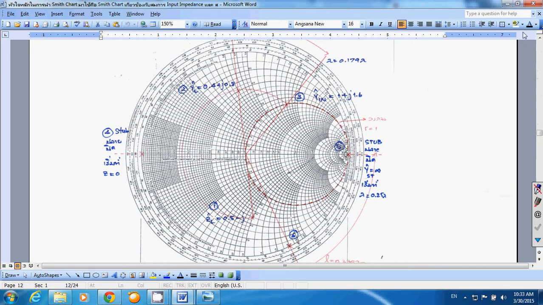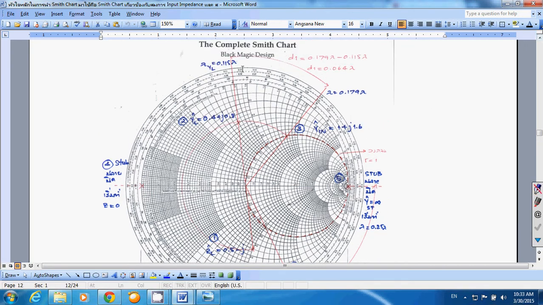And this one gives you the position on the original transmission line where you will connect the stub. So it becomes 0.089 lambda for the stub length and 0.064 lambda for the position.